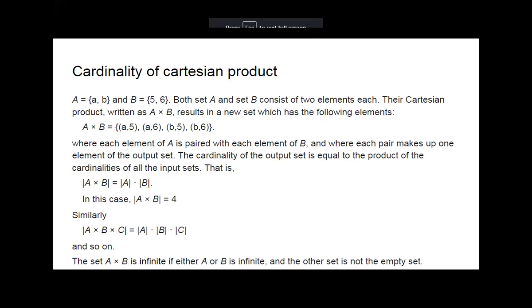If any one of the sets is the empty set, then the cardinality of the Cartesian product will be 0. If any one set is infinite, then the cardinality of the Cartesian product also will be infinite. That is the case of cardinality.